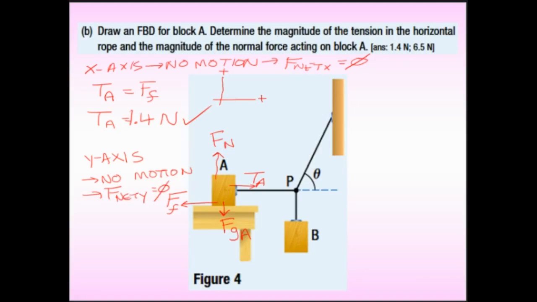Fn must be perfectly balancing FGA, which means Fn has to be equal to, what was the weight of the table block? 6.5. Done. That means you have to make a surface that's able to withstand a what? A normal force, or able to give a normal force of 6.5 newtons. Okay.